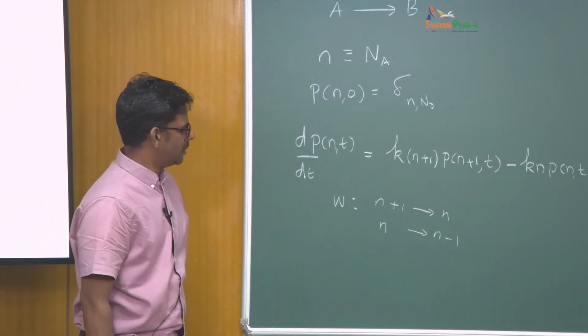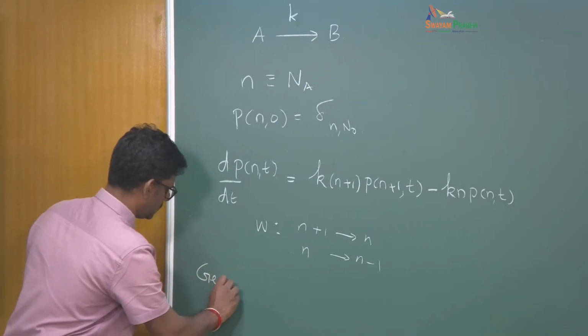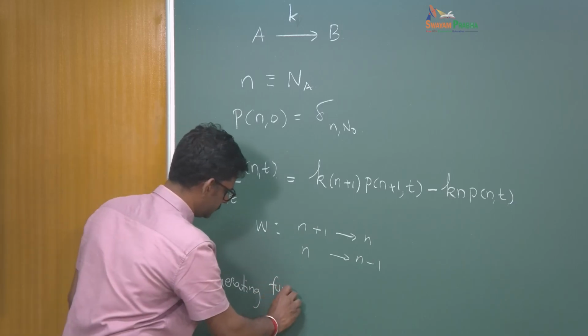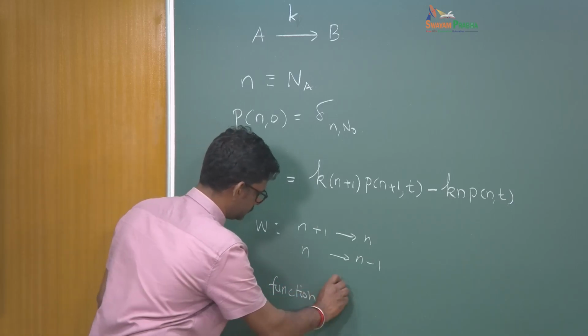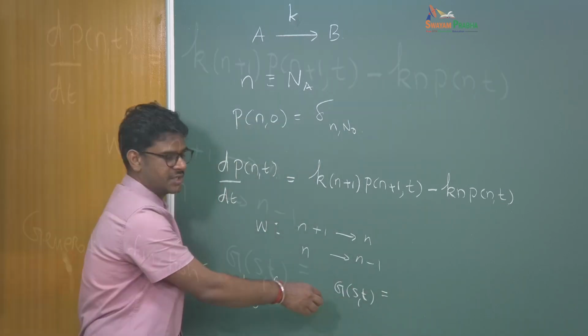To solve this problem, we define a generating function G of s comma t.